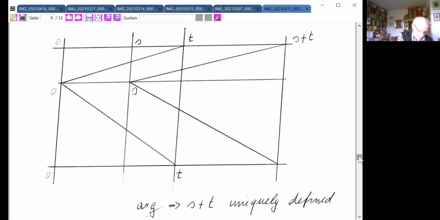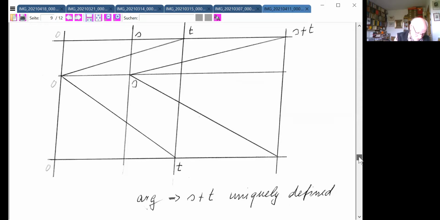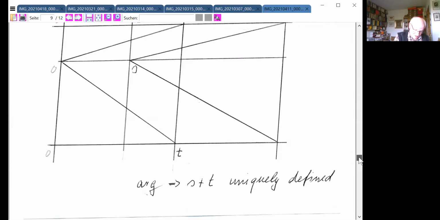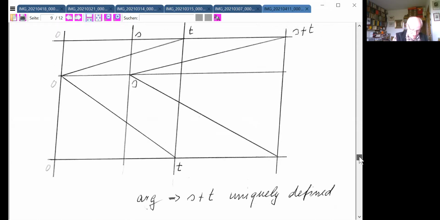And here you see, if you have the normal addition on the middle line, you can easily construct S plus T. And if you have the small Desarguesian axiom, S plus T is uniquely defined.